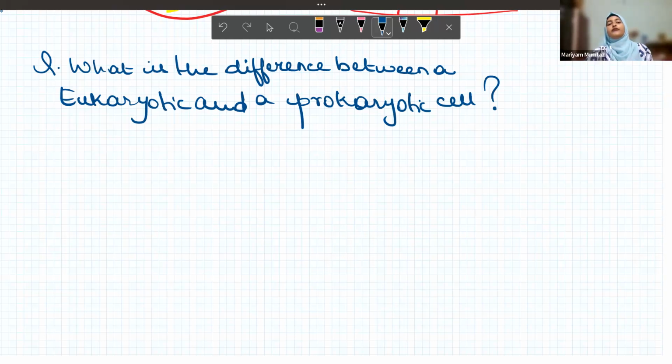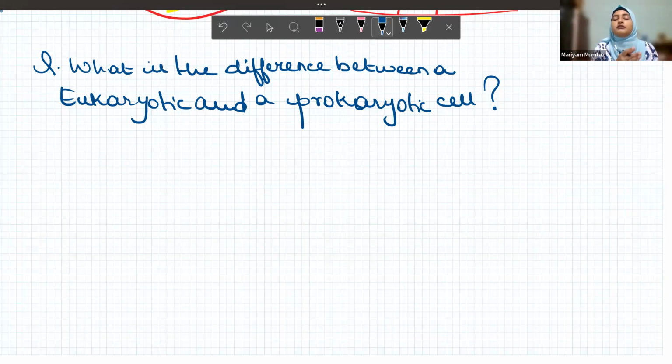Okay, see, whenever we are talking about a eukaryote and a prokaryote, the only one basic condition that differentiates them, which matters the most, is that the prokaryotes do not have a membrane-bound nucleus. They also do not have the membrane-bound organelles. Not just organelles, but the membrane-bound organelles.